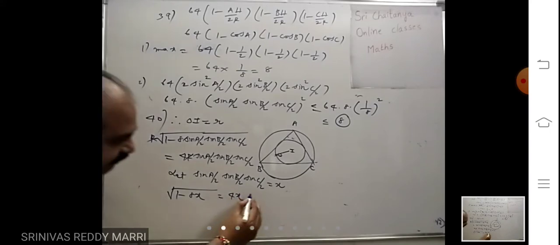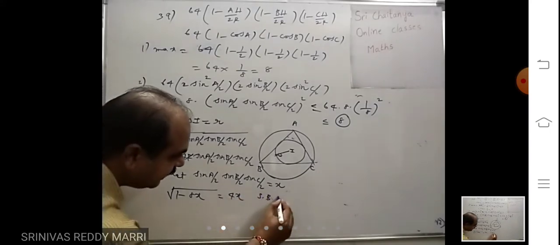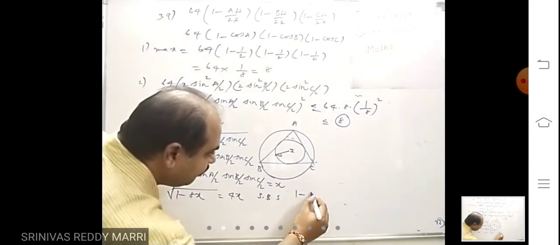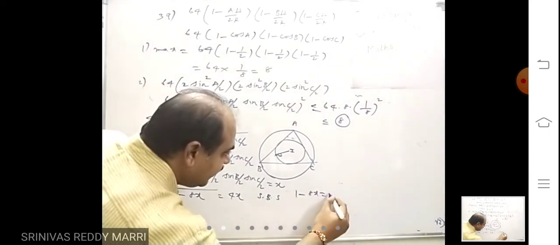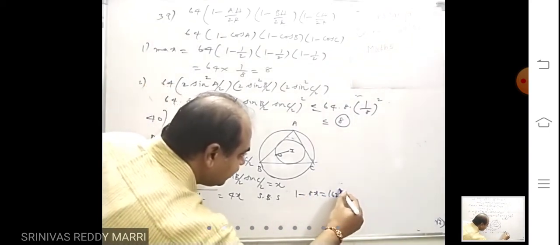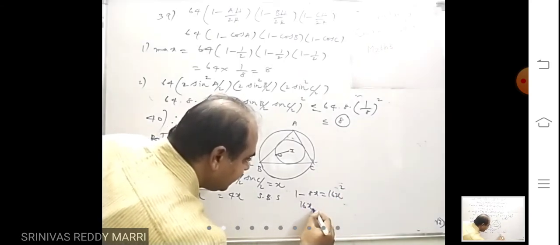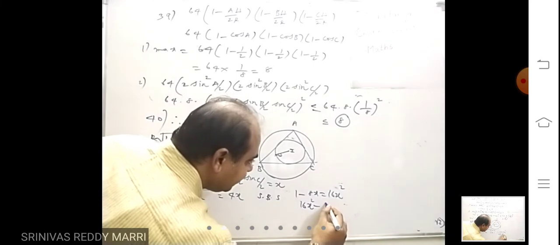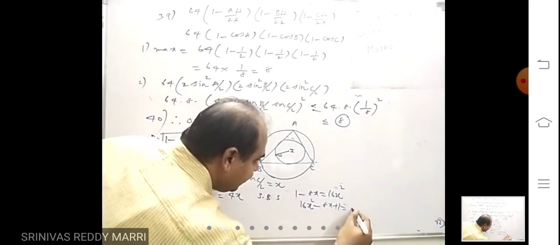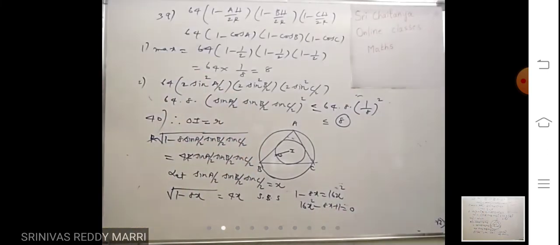Squaring both sides, you will get 1 minus 8x equals 16x square. That means 16x square minus 8x plus 1 equals 0.